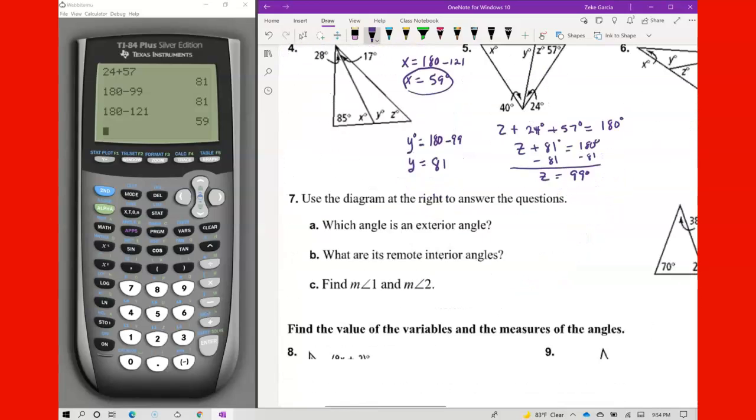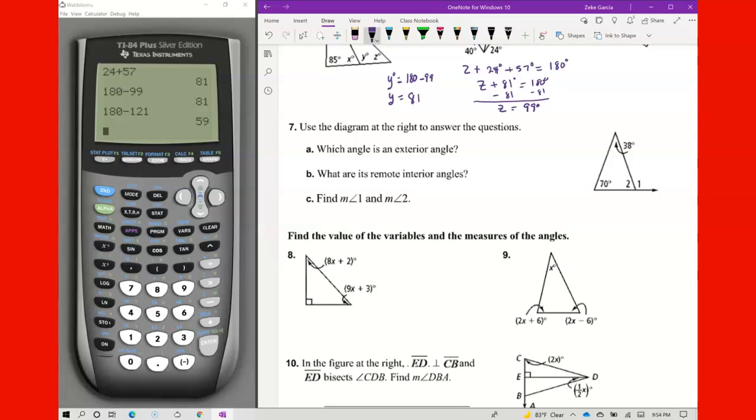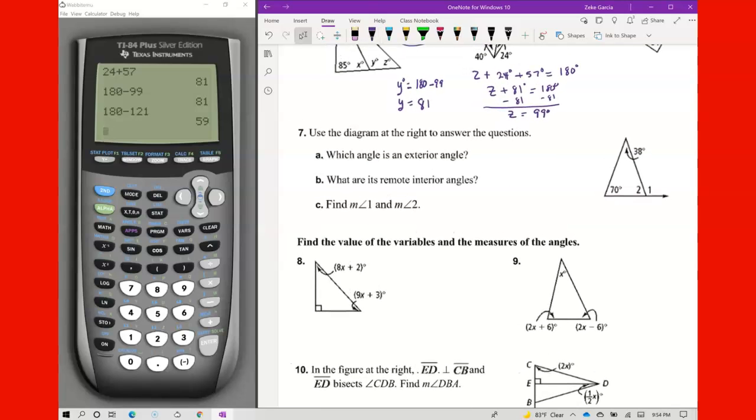That was 5. And talking about 7 and remote interior and exterior angles, it says use the diagram on the right to answer the questions. Which angle is an exterior angle? We say angle 1 is your exterior angle. Your two remote interior angles are the ones that are inside the triangle, which are 70 degrees, and we also have 38 degrees.